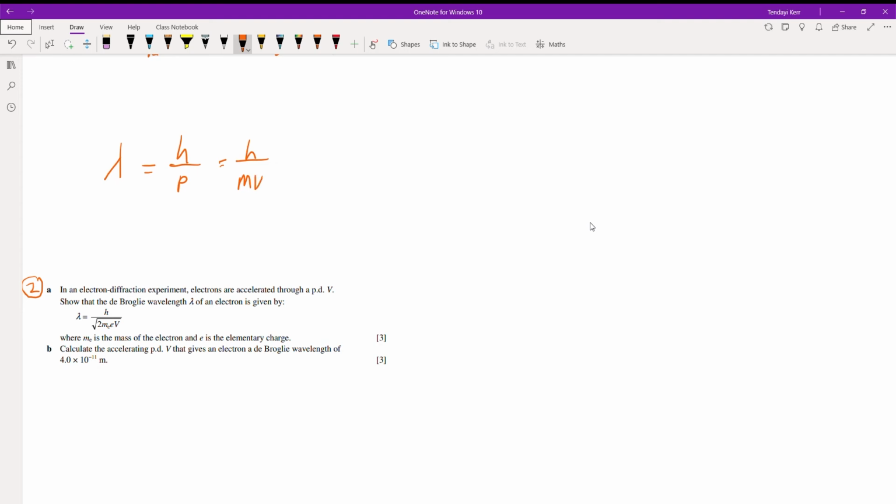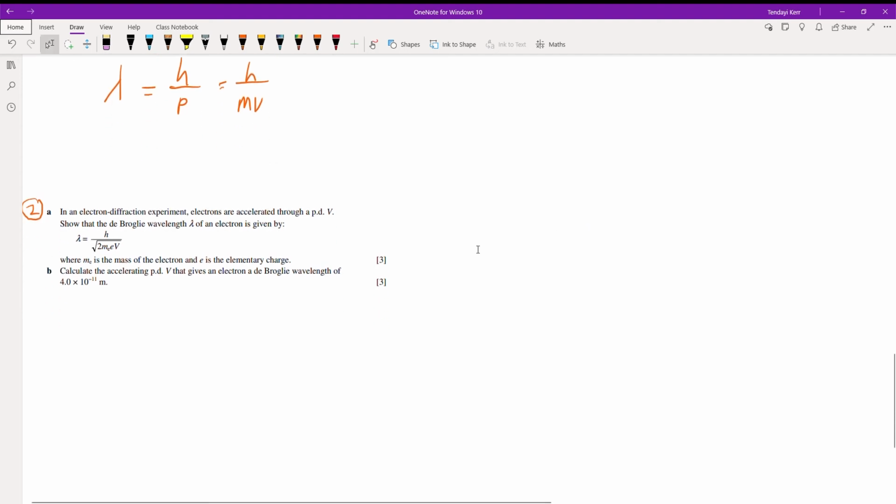So electrons through an electron diffraction tube, where the electrons diffract through, the usual target is a graphite layer, graphite sheet, graphite target. They're fired on that, and they diffract through the spacing of the graphite atoms, and you get a diffraction effect. Diffraction rings are produced on a screen.